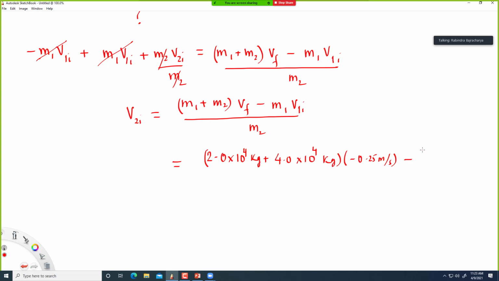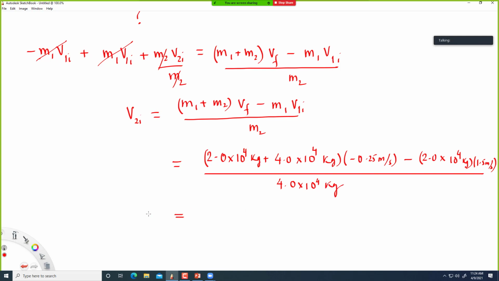Minus M1, 2 times 10 to the 4th kilogram, and V1I, the initial velocity of the first one, 1.5 meters per second, all over M2, which is 4 times 10 to the 4th kilogram. So that will give you V2I, which is, so I got this answer, negative 1.125.